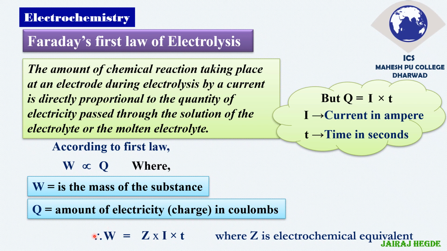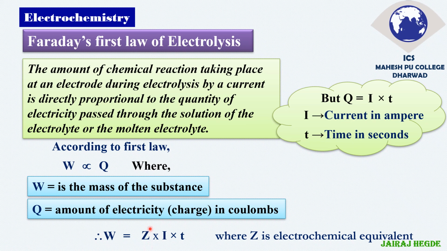The weight of the compound deposited or liberated will be equal to Z, the electrochemical equivalent, into current in ampere and time in seconds. Students usually make mistakes here. Therefore, W is equal to Z I T.